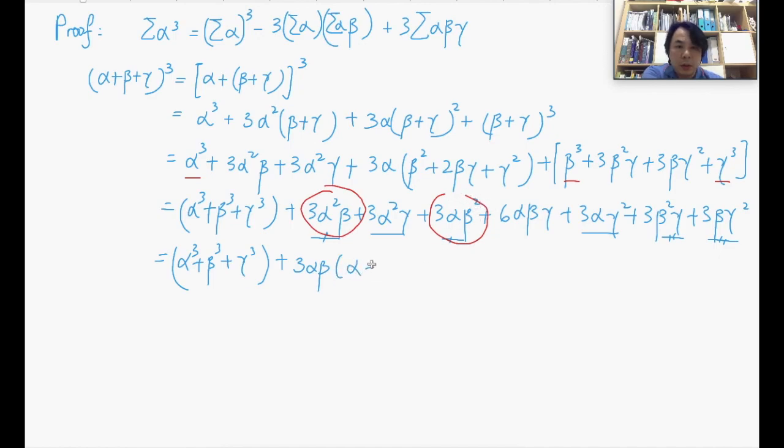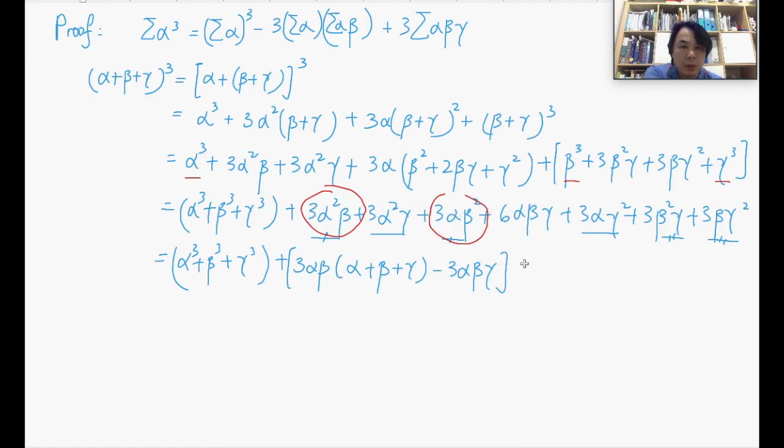Here, if I take out, I'll get a beta. And then I might as well add another one though. It seems like there's one missing here. So since I'm adding up 3 alpha beta gamma, I need to get rid of that 3 alpha beta gamma. Now that would be my first factorization for these two.